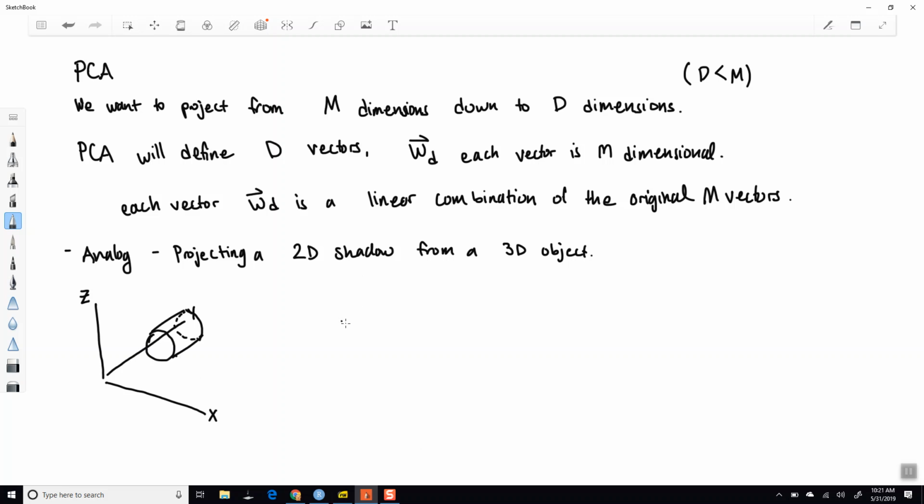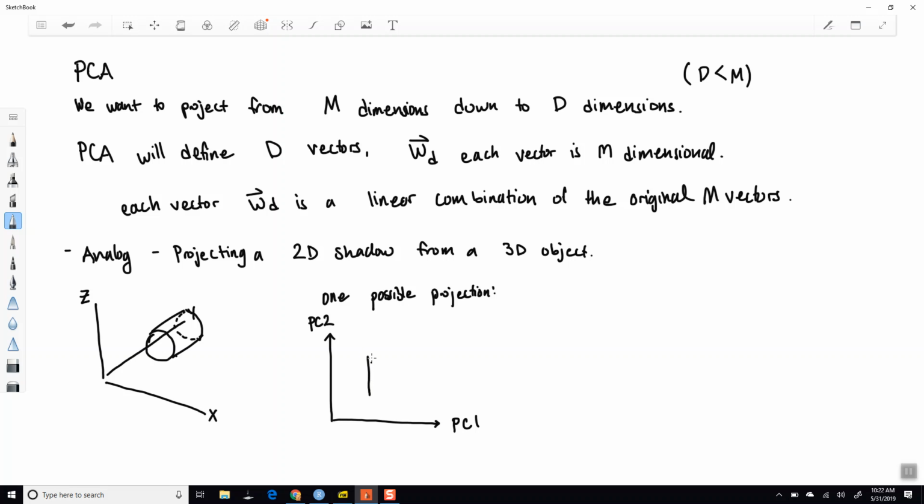And one possible projection is I could just cast straight down to PC1 and PC2, okay?